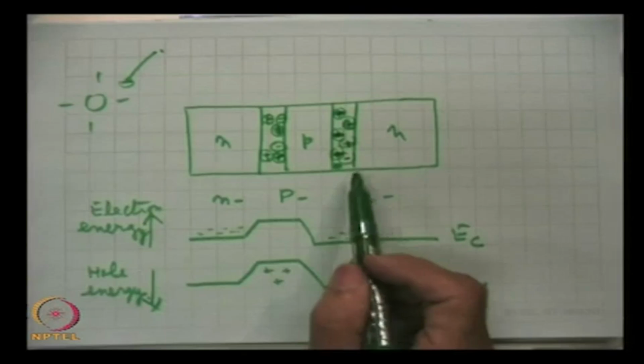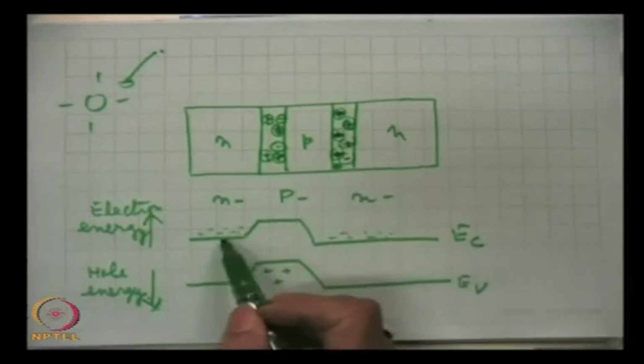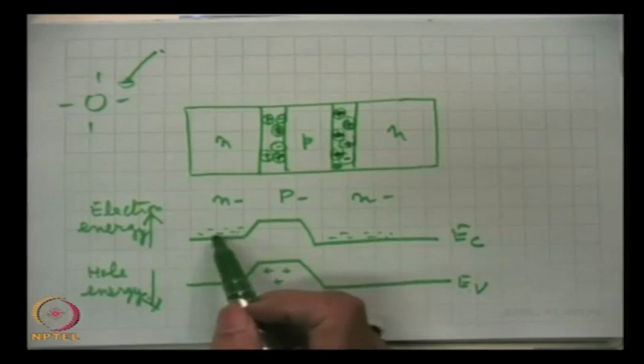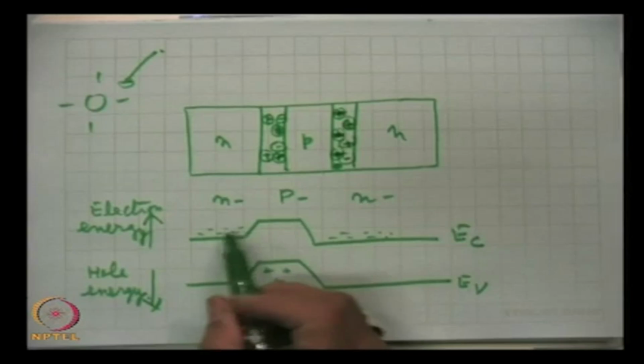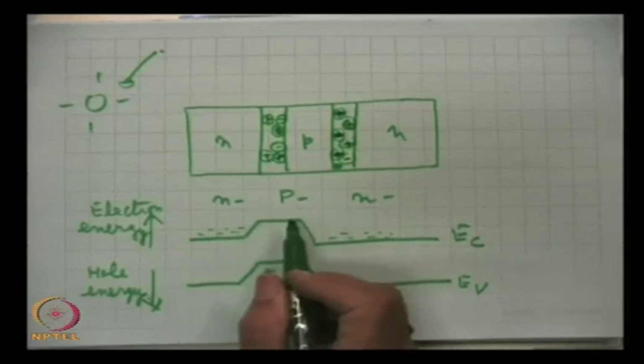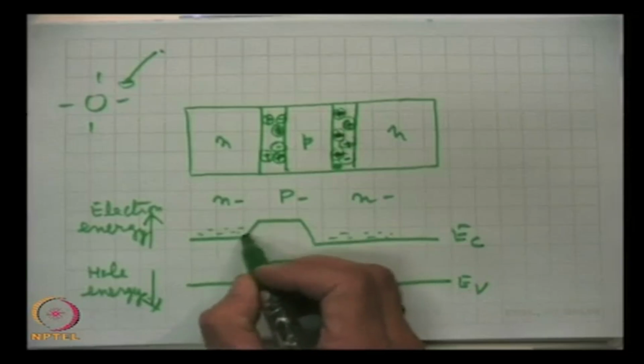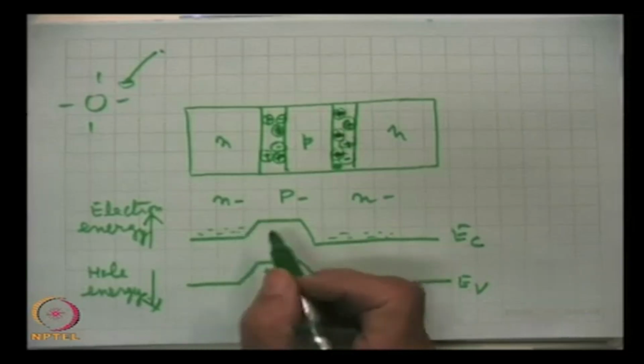So, once the junction has been formed, these charges from the n side have a higher population. So, there is a density gradient, but they will be unable to cross over to the base region or to the collector region because of this barrier height, the contact potential.